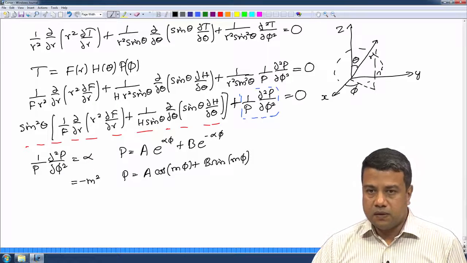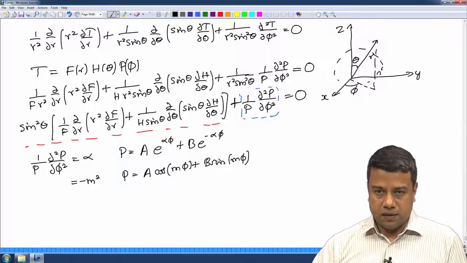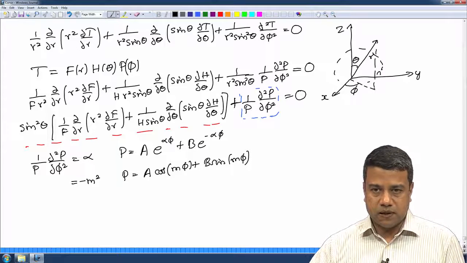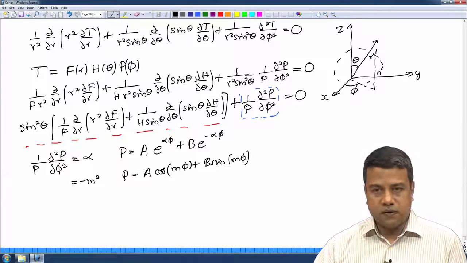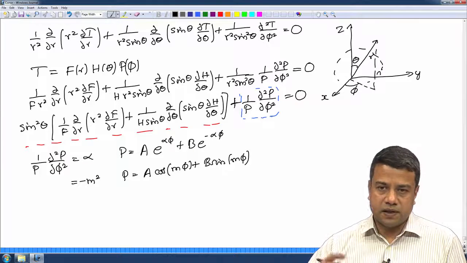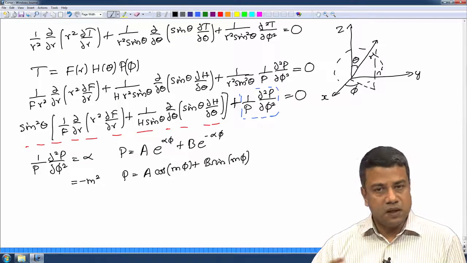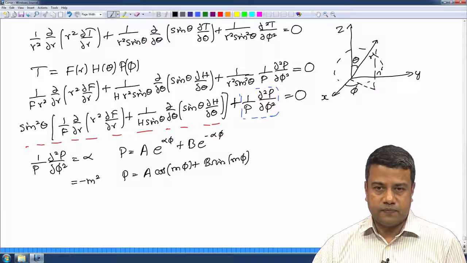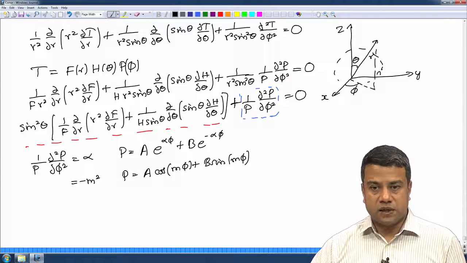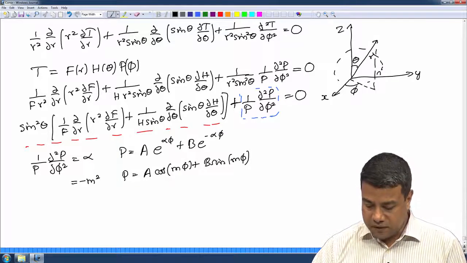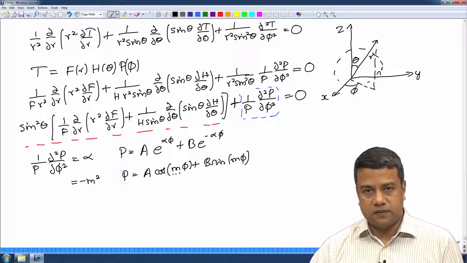You cannot enforce that you come to the same physical location when phi increases by 2 pi if you use exponential functions, because if you increase the argument by 2 pi, it does not give you the same result. You can enforce it in the case of sine and cosine, provided m is an integer.